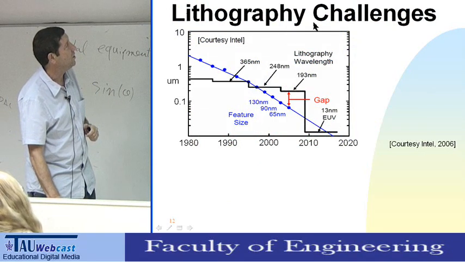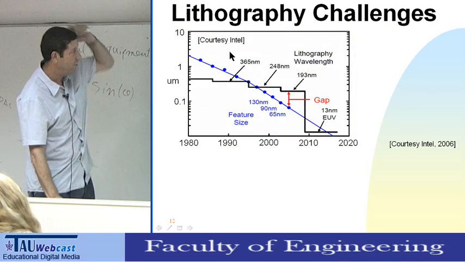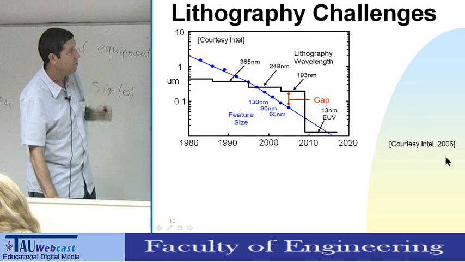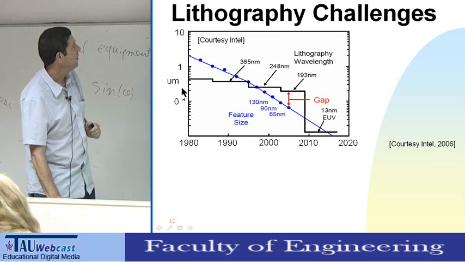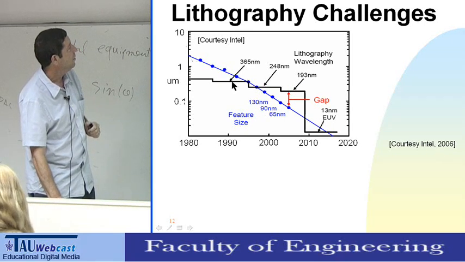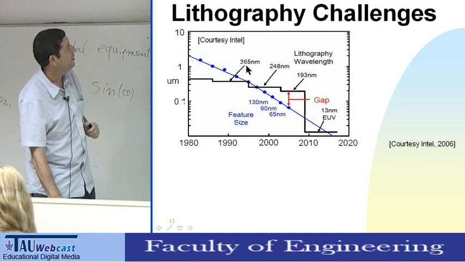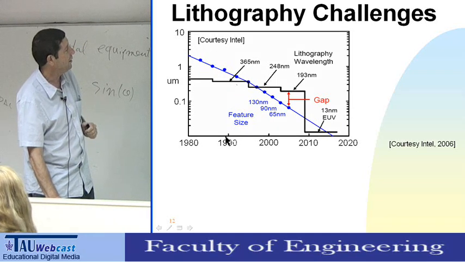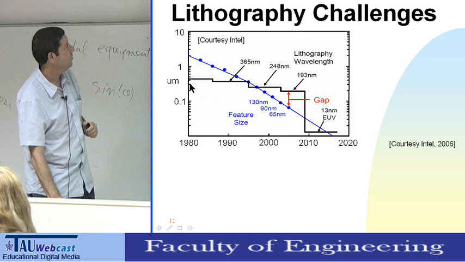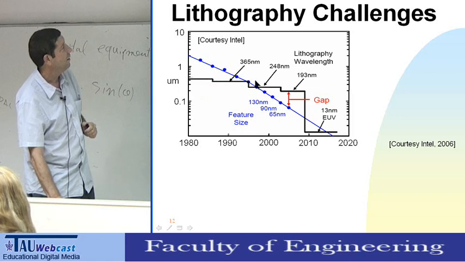So, lithography challenges, again, courtesy of Intel, published at a conference a few years ago. If I want to work with I-line 365 nanometer, this was 1990, resolution was like 0.35, 0.5.